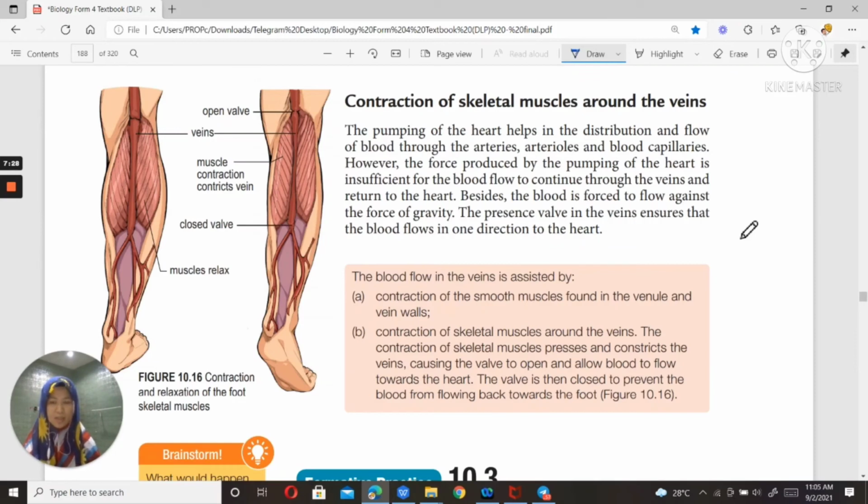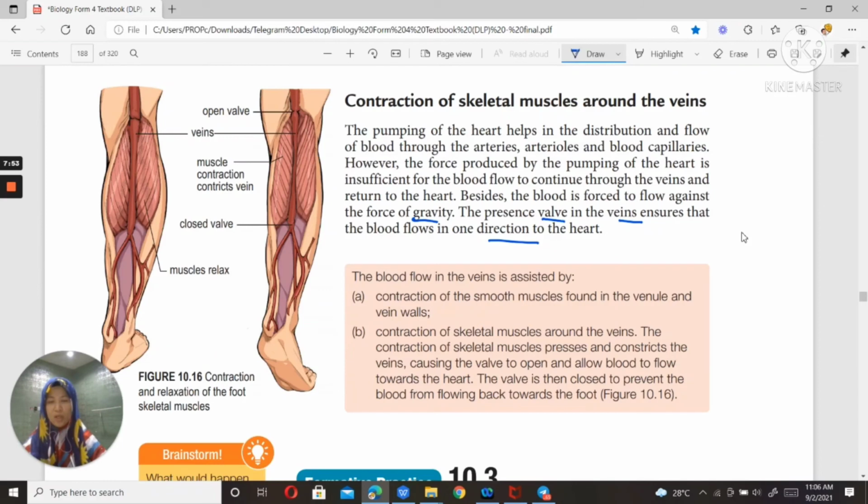Terutamanya bila kita kaitkan dengan bahagian kaki, bahagian bawah badan. The blood is forced to flow against the force of gravity, against gravitational pull. Dia akan melawan daya gravity yang awak dah belajar dalam fizik. So the presence of valves in the veins will ensure that the blood flows in one direction to the heart.